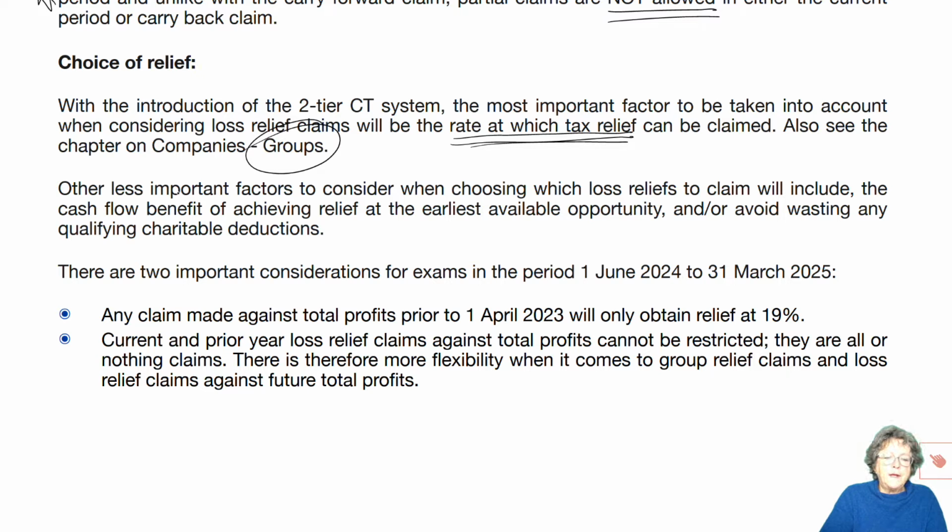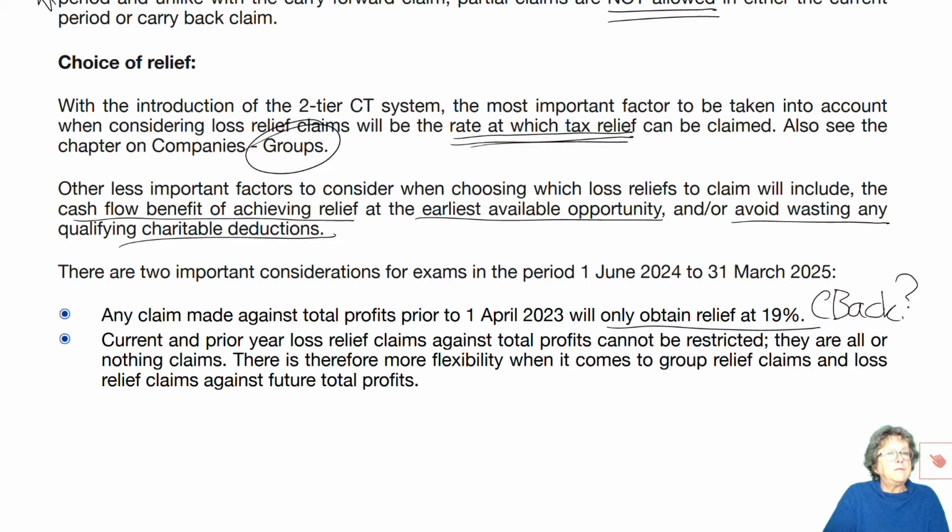Less important factors are cash flow, relief at the earliest available opportunity, and wasting any QCDs, depending on how many the client makes. Two important considerations for this exam. And again, this information has come from ACCA. Any claims made against total profits prior to 1st of April will only obtain relief at 19%, which might be important for a carry back claim.